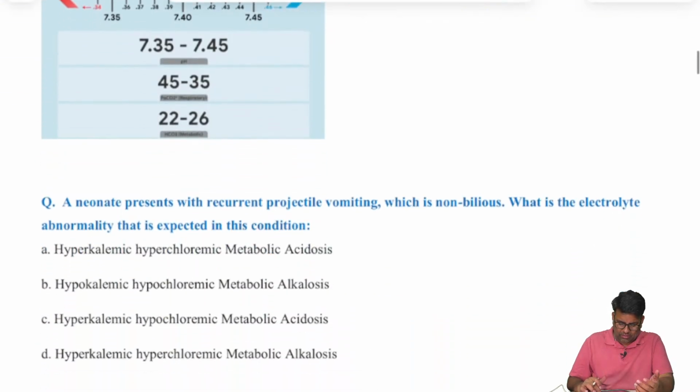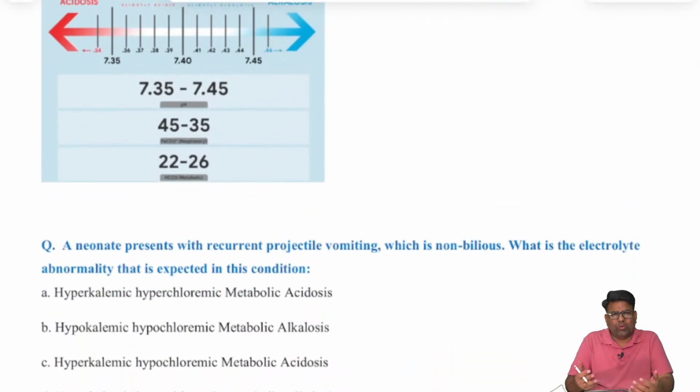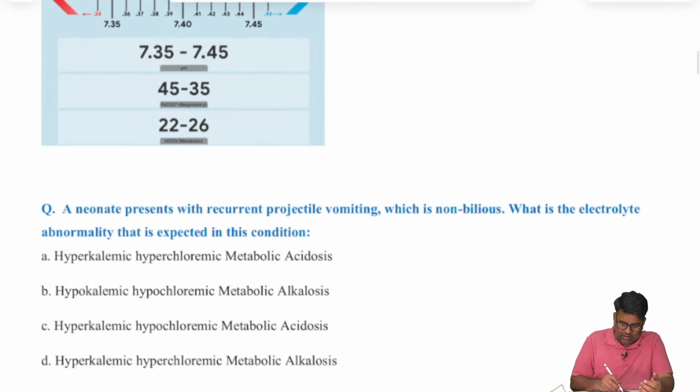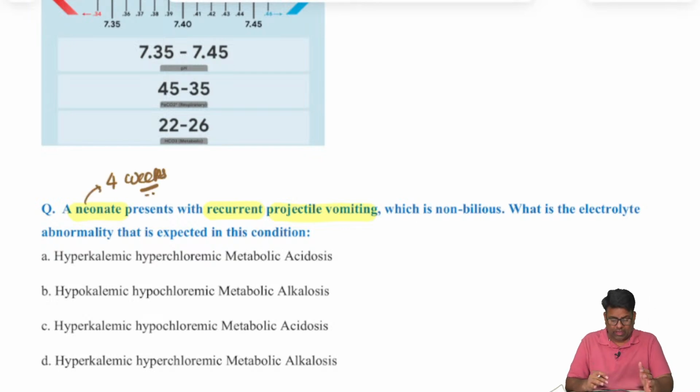Now there is one more question. It has been already discussed in the surgery part. Here a neonate is having recurrent projectile vomiting. Now the age is better around 4 weeks, because that is the time at which it usually manifests, right?